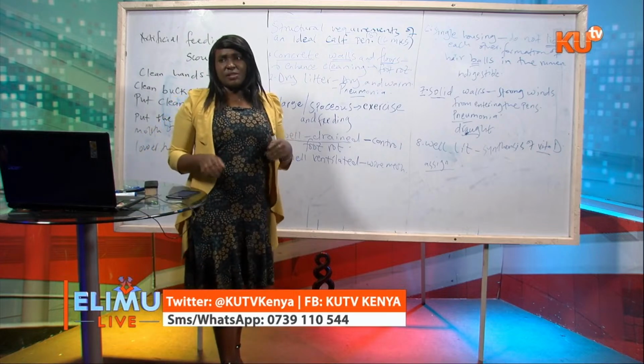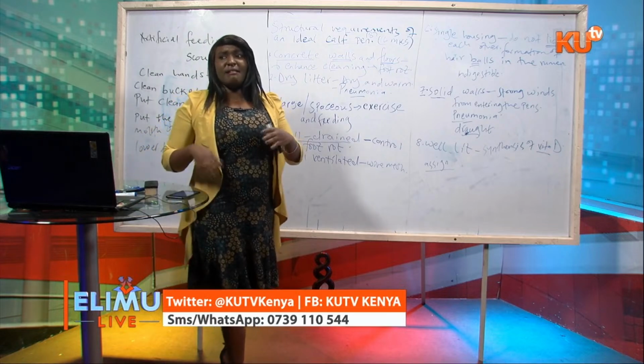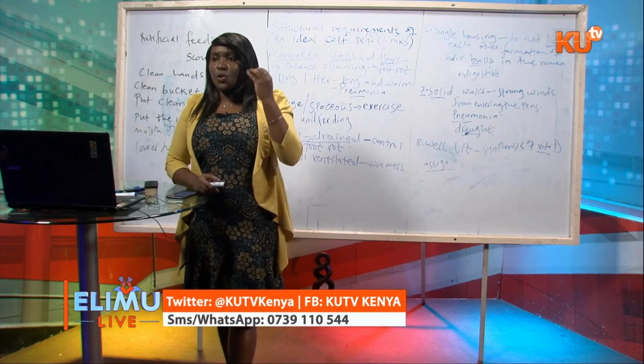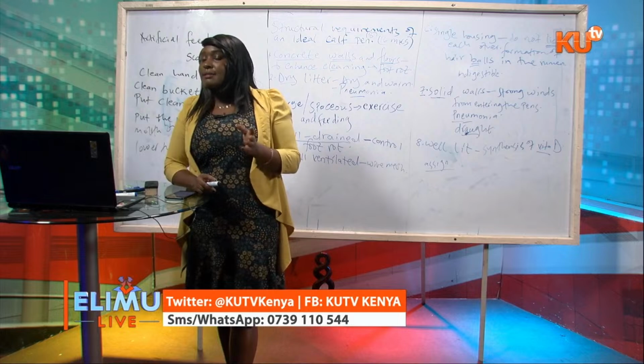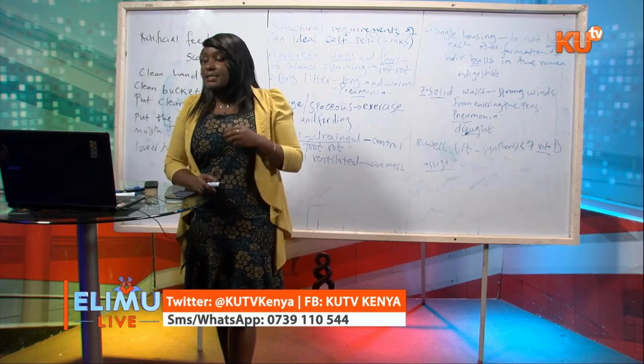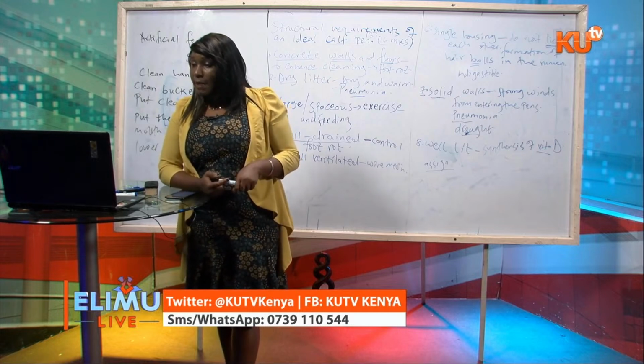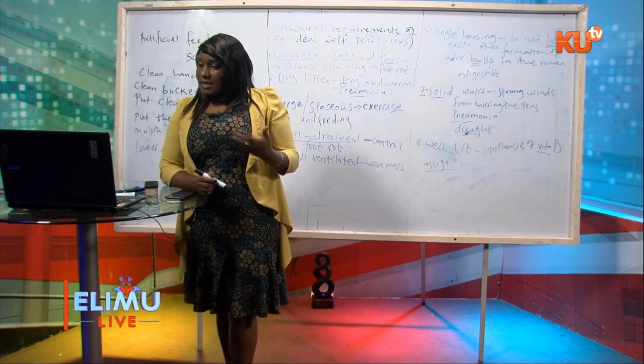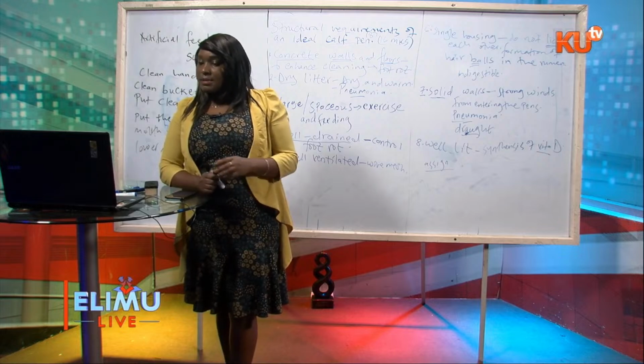Management practices range from rearing practices to parasite control. You need to control ectoparasites and endoparasites, like the worms and the ticks, using appropriate chemicals or appropriate methods that do not necessarily mean chemicals.